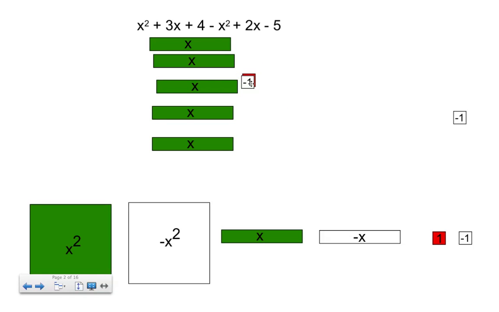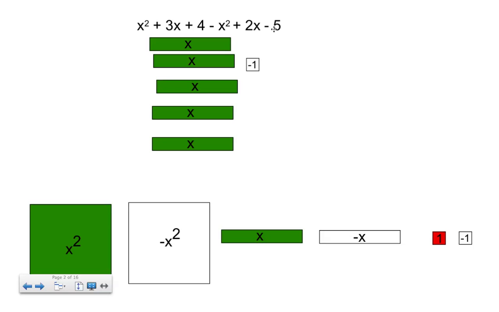So all of these disappear because a positive cancels a negative, and I'm left with 5x minus 1. So the x squared minus x squared canceled out, 3x plus 2x gives me the 5x's, and 4 ones plus 5 negative ones left me with negative 1.